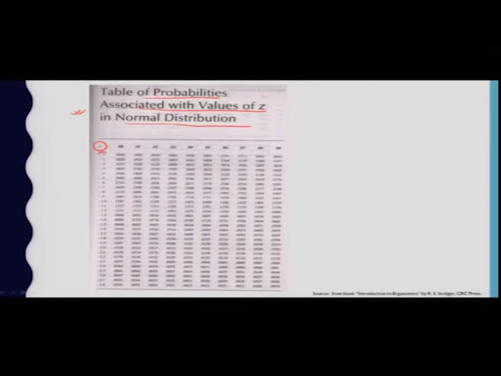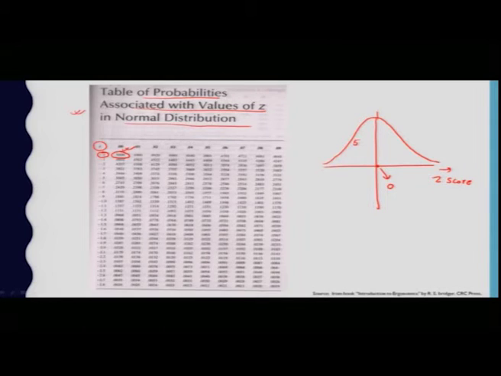If it is coming out as 0, the area it is going to cover is 0.50. It means that if z score is 0, and on the x axis we are plotting the z score, then this is 0, and correspondingly the area will be 0.50.